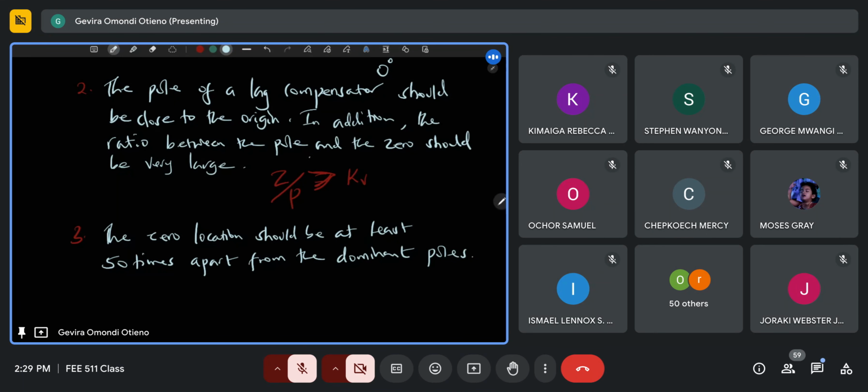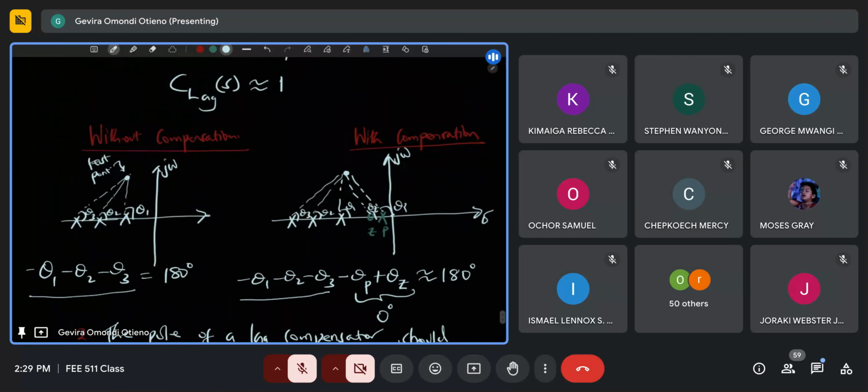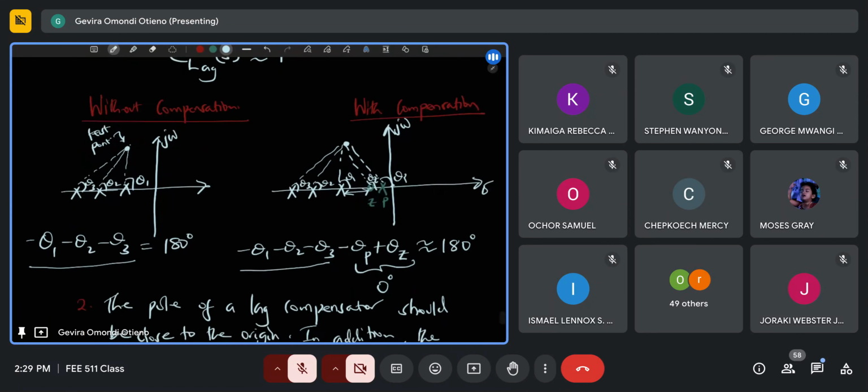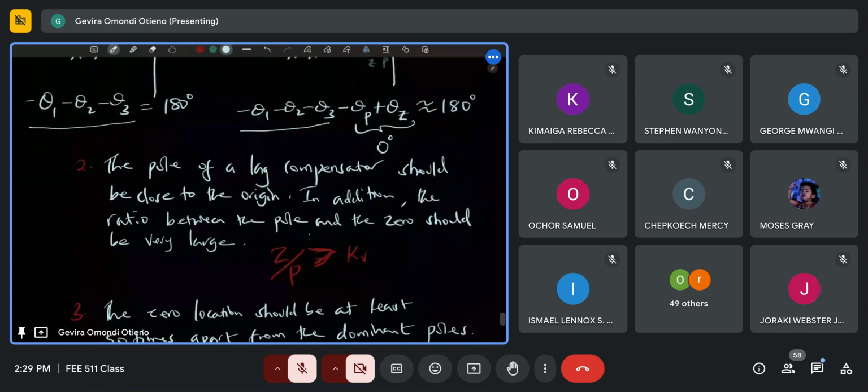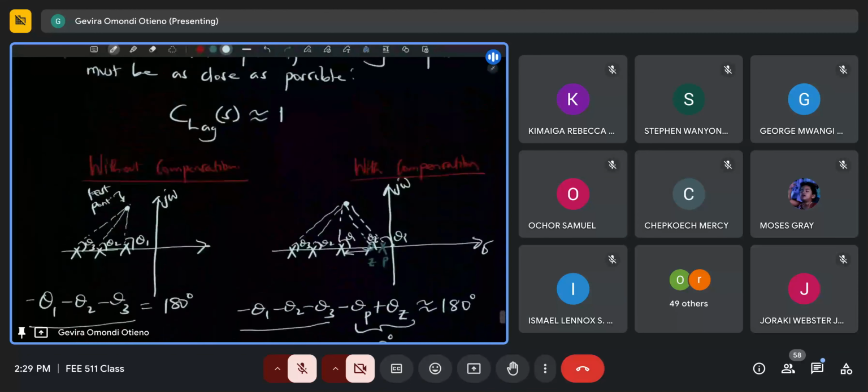So the 0 location should be at least 50 times apart from the dominant poles, meaning the distance from this 0 location to the dominant pole should be at least 50 times. So that gap should be at least 50. It doesn't have to be 50, but at least 50. So in somebody's design, they can pick 60, you can pick 70, you can even pick 100. It's fine. But it should be at least 50 for you to achieve the right transfer function that we are looking for.